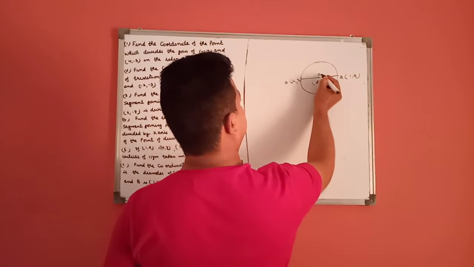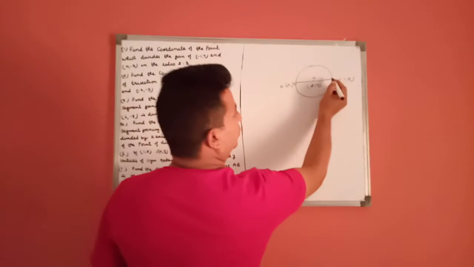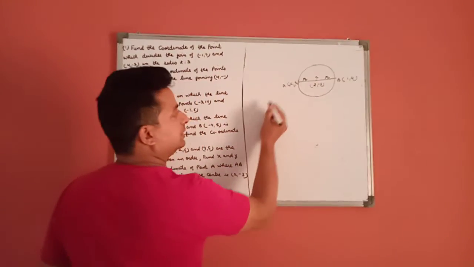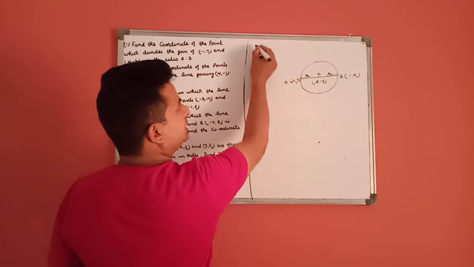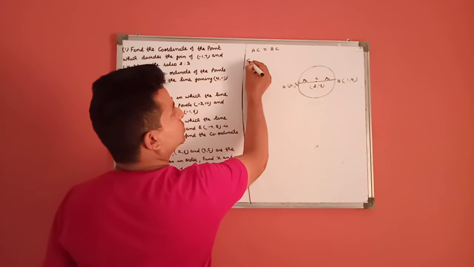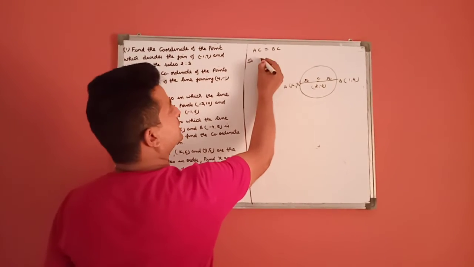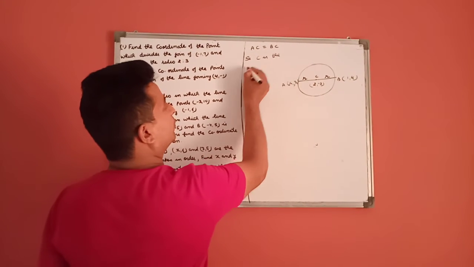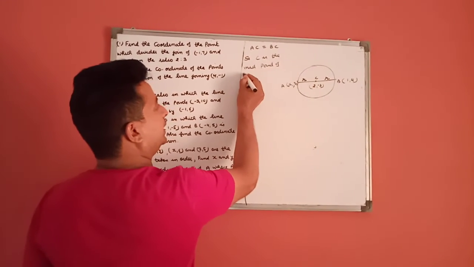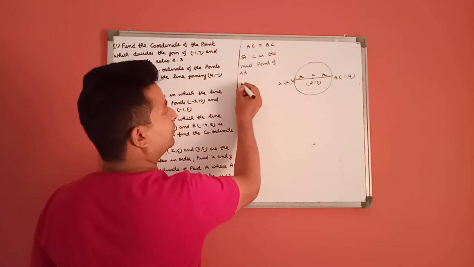This is the center. As we know, this is the diameter, and this is the radius, this is the radius. This means AC equals BC, so C is the midpoint of AB.